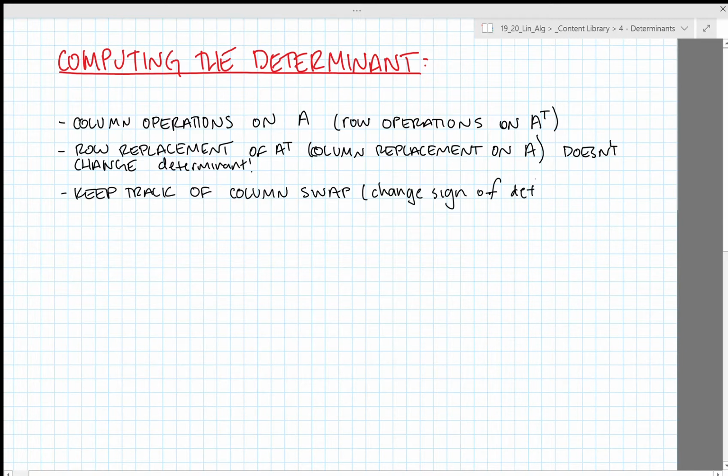So if we do a column swap, we need to keep track of that, because if we do 3 column swaps, it'll go from negative to positive and then back to negative. And then we also need to keep track of multiplication by a scalar, scalar multiples, because those numbers factor out.